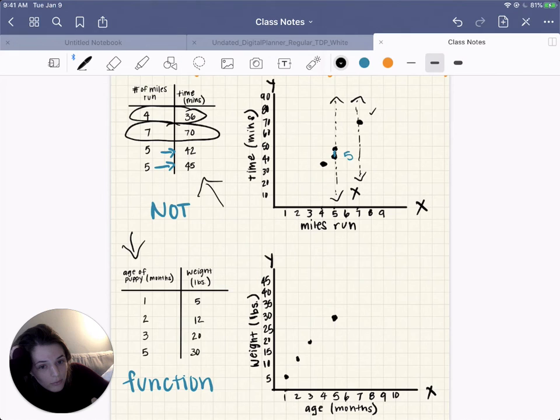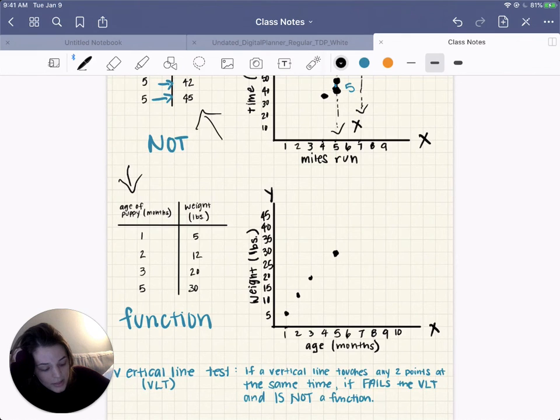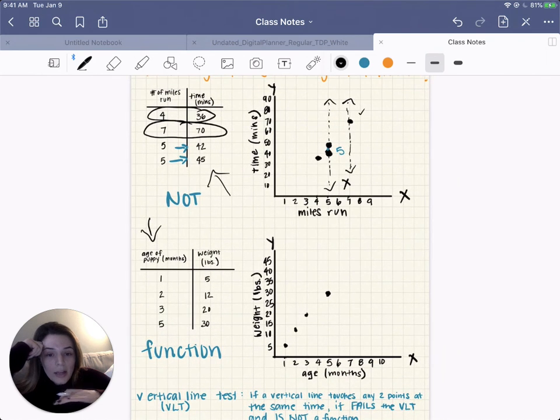That would fail the vertical line test because this one is on the vertical line and this one is on the vertical line. And that can't happen according to the vertical line test. So you have to be able to put a vertical line anywhere on the graph and it never touches 2 points at the same time.